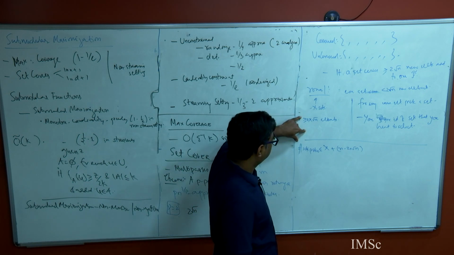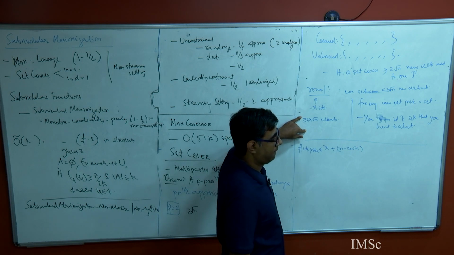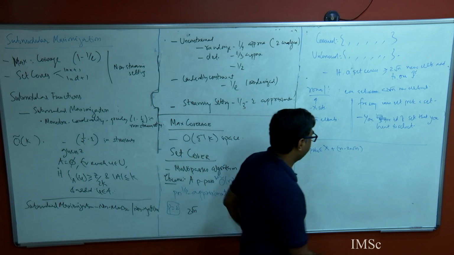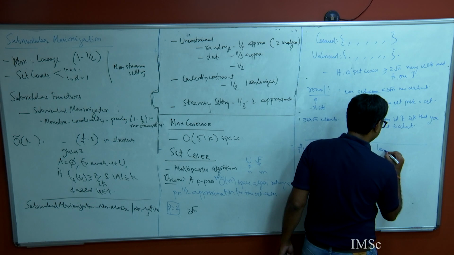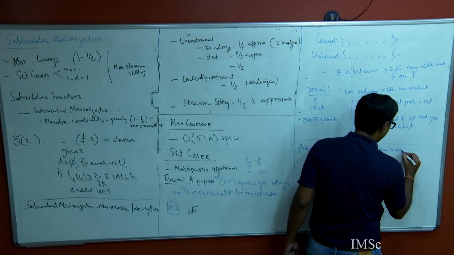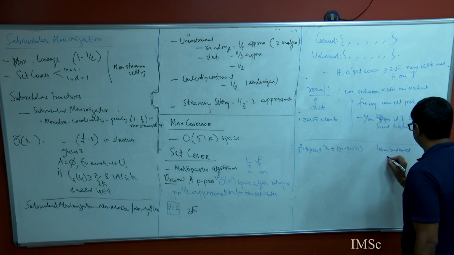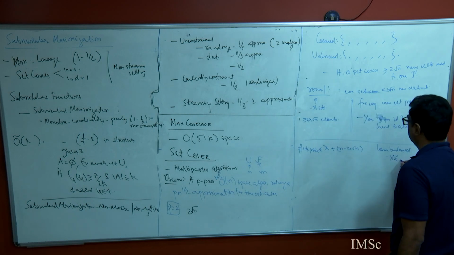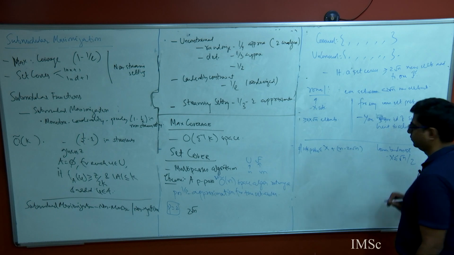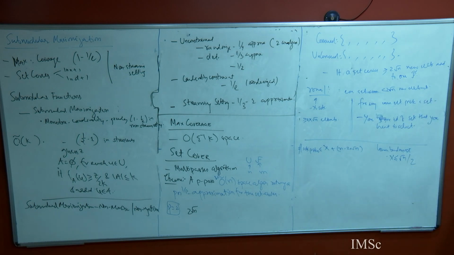What does this imply? Can I get a lower bound on opt? First of all, x is less than or equal to root n by 2, because every time it covers 2 root n new elements, and there are only n elements. So x is upper bounded by root n by 2.